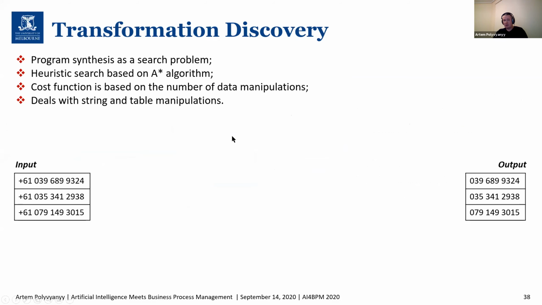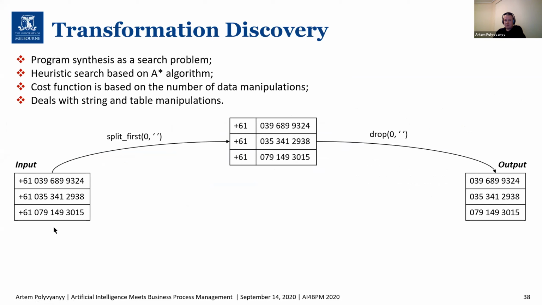Then we try to discover the transformations from input to output. We use techniques from program synthesis, which composes the trajectory of operations that you need to perform in order to get the transformation.